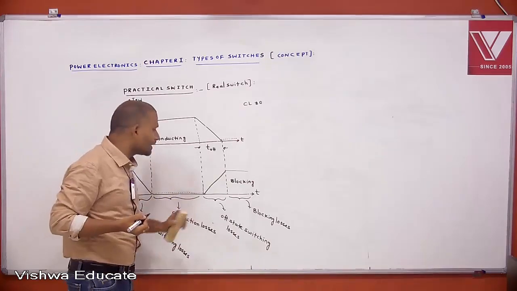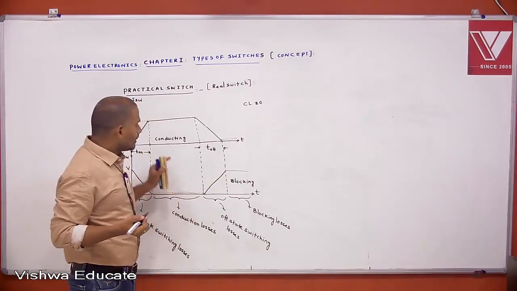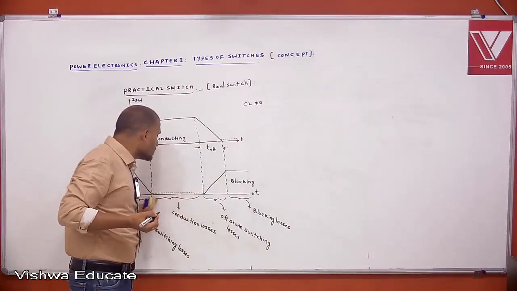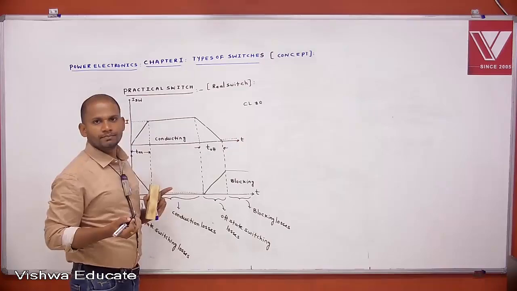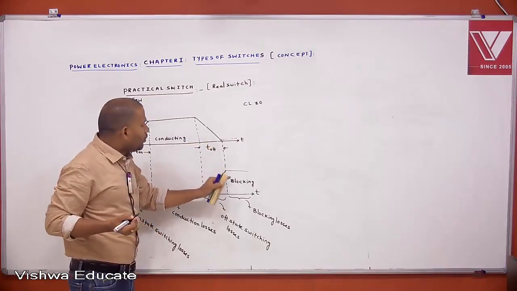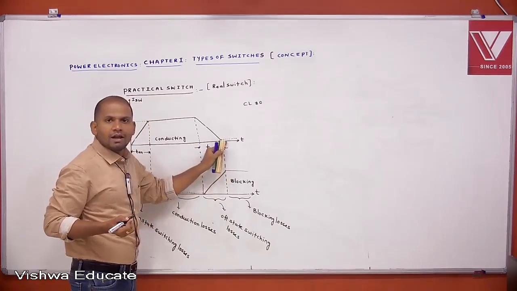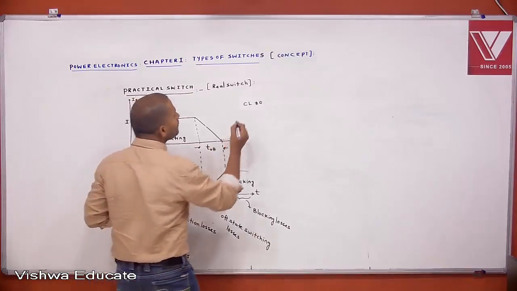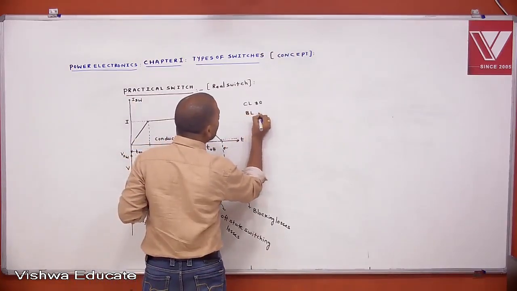This is the current. This is some small forward voltage drop. During off state, voltage exists and current also exists. This dotted line is a small leakage current. That's why blocking losses are not equal to 0.